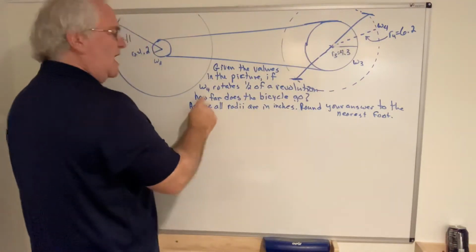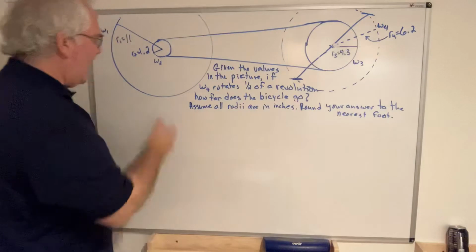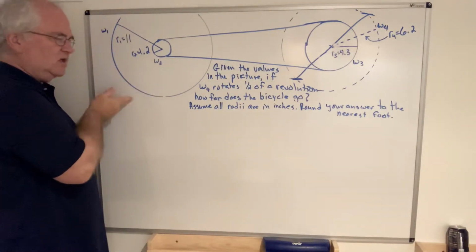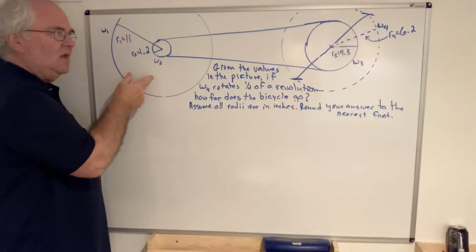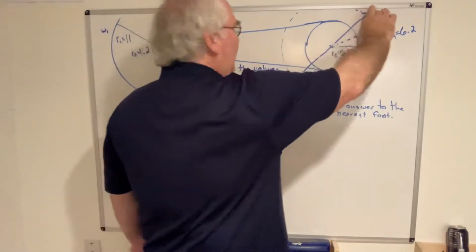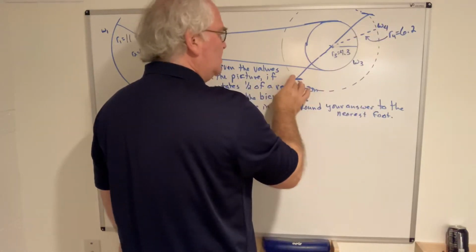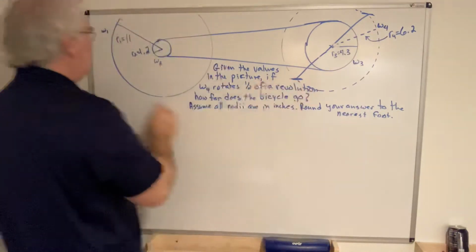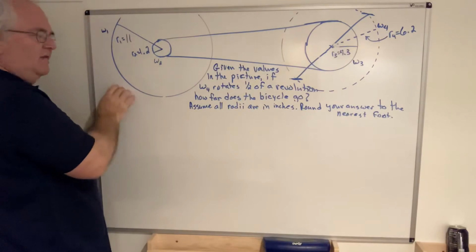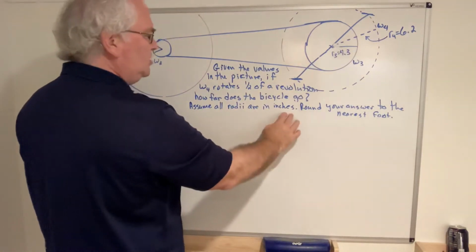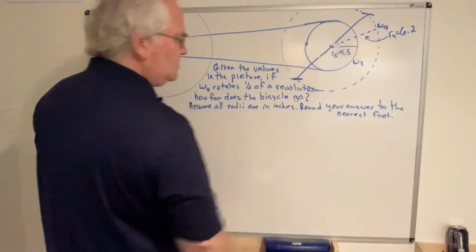The question is, how far does the bicycle go? How much is fed out from wheel number 1? What is the distance traveled? That's S1. So we're given the angle through which wheel number 4 rotates, and then we're asked to find the distance traveled here. Assume all radii are in inches, it says, and then round your answer to the nearest foot.